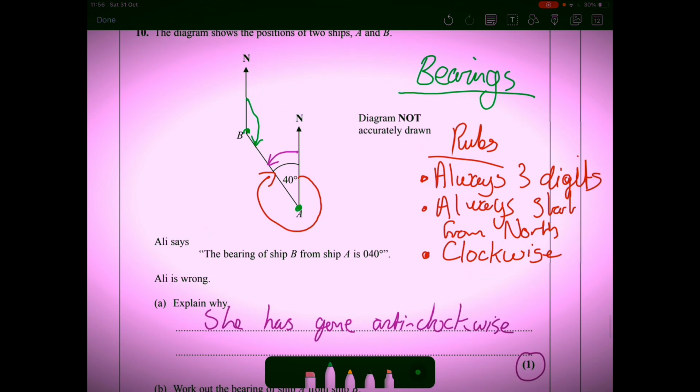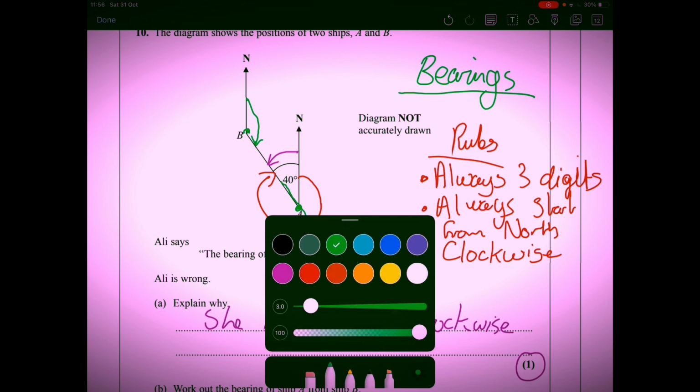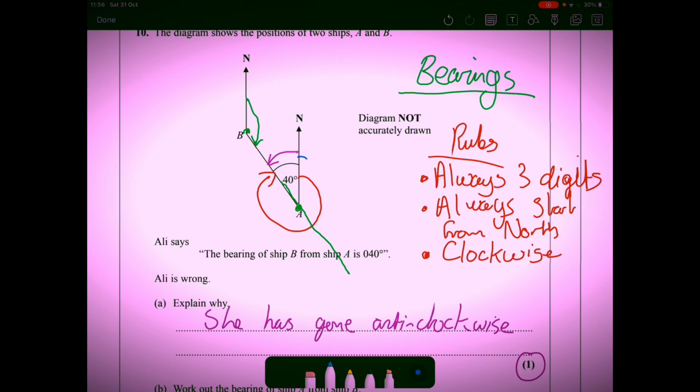So assuming she's measured this 40 degrees accurately, if we continue that down there, that angle there is going to be 180, take away 40, which will give us 140 degrees.